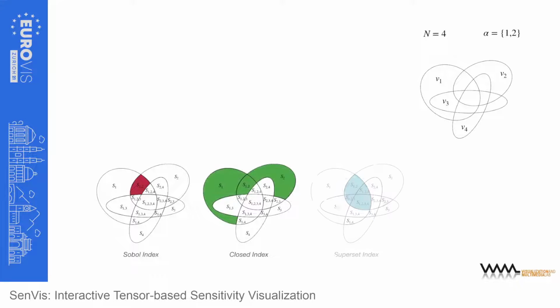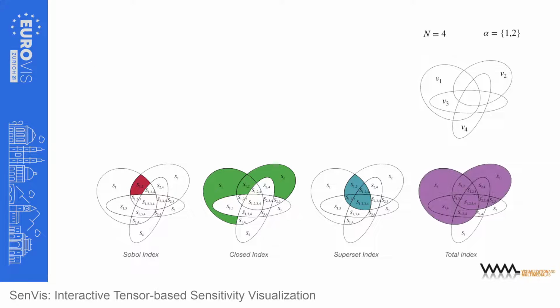Moreover, based on the Sobol tensor train model, we are also able to compute aggregated indices at very little cost, which result in 4 types of sensitivity indices, as illustrated by color-coded areas for variable tuple 1, 2 in the case of a 4-variable function.